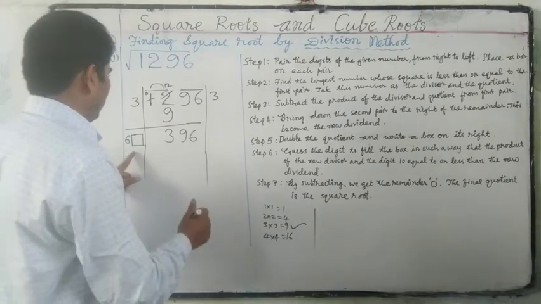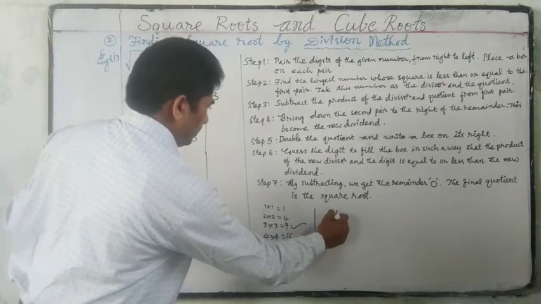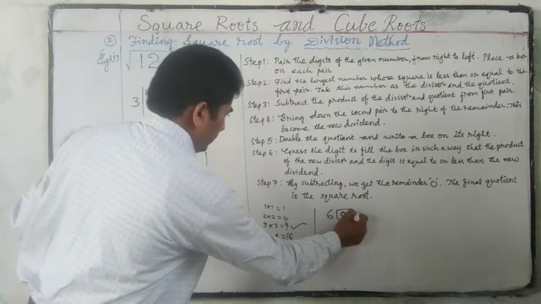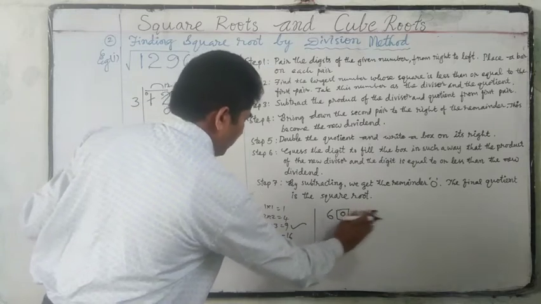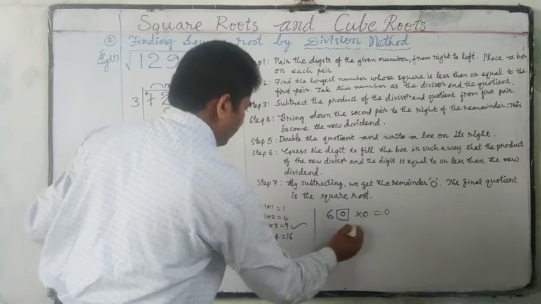We have to test like this: 6. If we keep 0 here, 60 zeros are 0.